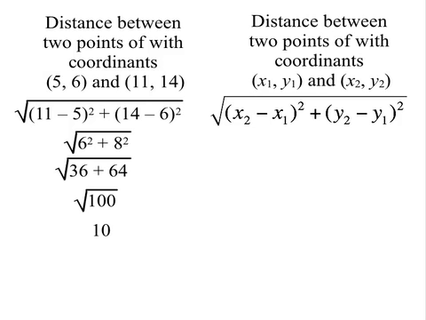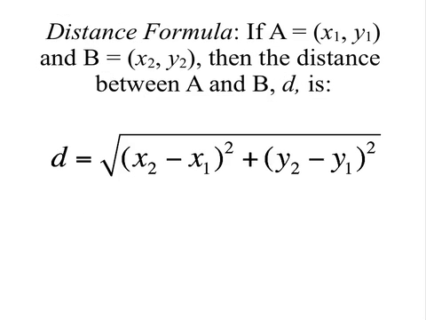Instead of 14 take away 6, we get y sub 2 minus y sub 1. But because we have all those variables there, we can't simplify it anymore, and we'll stop there. But that's going to be called the distance formula, and it can be used when you're given coordinates of any 2 points. And here's the distance formula written out.